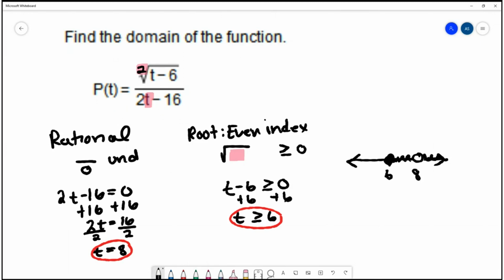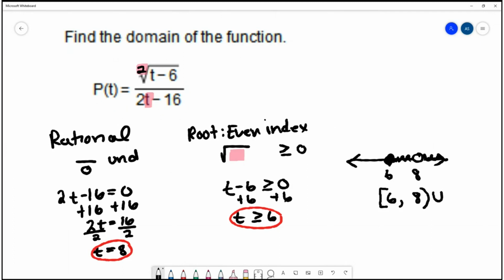So this gives us a picture of what our domain is, and now we can write it in interval notation. We're going to start with 6. We're going to put a bracket on the 6. Bracket means that 6 is included in the domain. We want to go from 6 to 8. However, 8 is not a part of the domain, so we're going to use a parenthesis next to the 8 to indicate that it's not part of the domain.